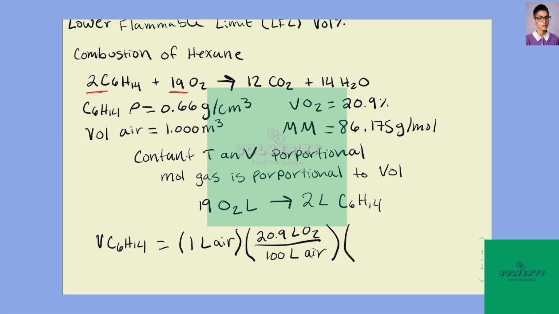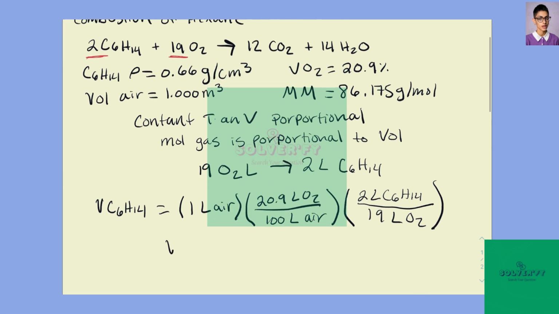And then we're going to times that by our ratio of O2 and hexane, so that's 2 liters of hexane divided by the 19 liters of O2. When we calculate this out, our volume of hexane is 0.022 liters.